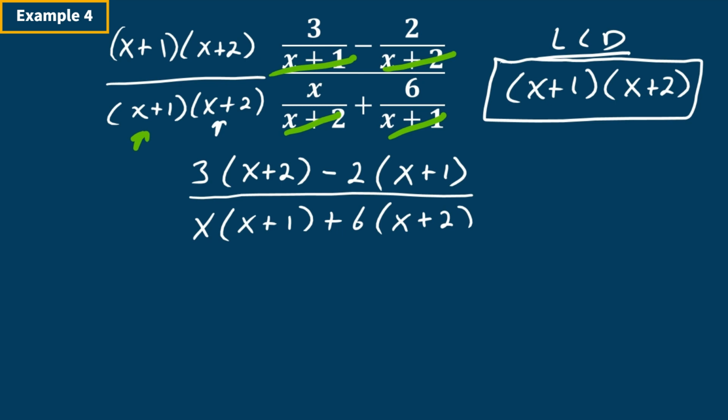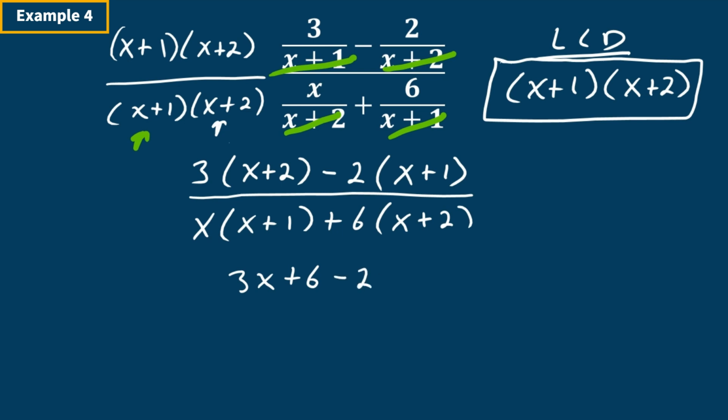What we do is we distribute. So we're going to distribute the 3 into each number here, and so on and so forth with every number. So let's start with the numerator. Distributing the 3, we're going to have 3x plus 6. And now we distribute the negative 2.